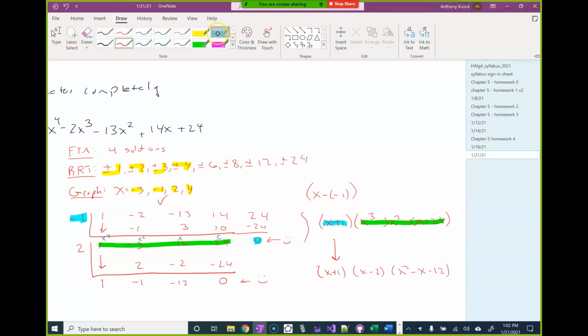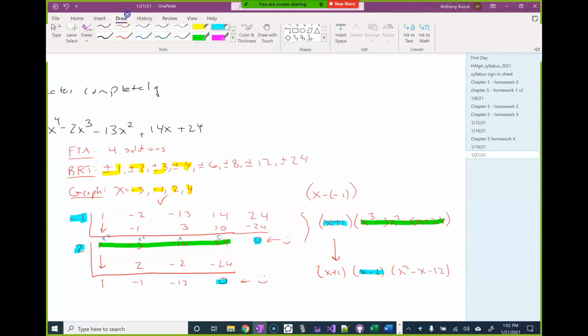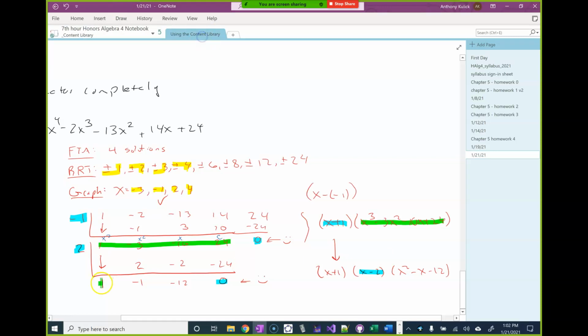And the x squared minus x minus 12 is something we can handle on the factoring tree, right? In fact, that's even better. That looks like a chapter 4 factoring problem. That should be easy to do, right? Well, how does that one factor? X squared minus x minus 12.